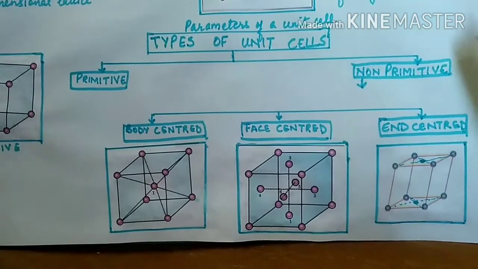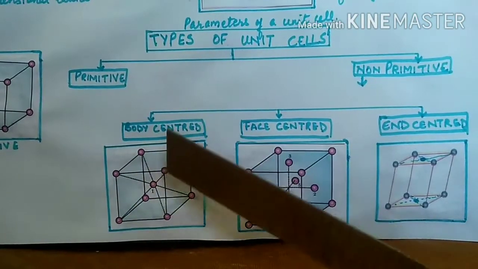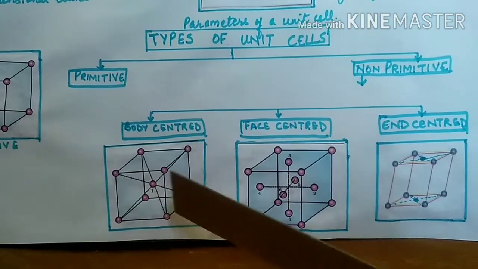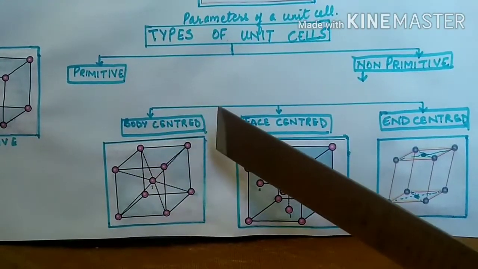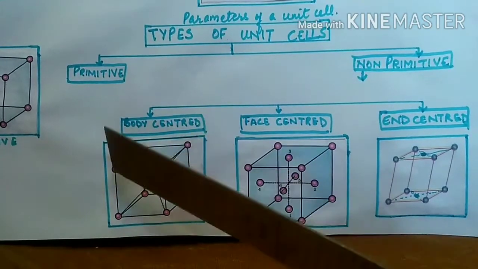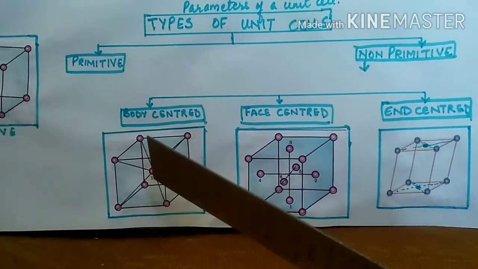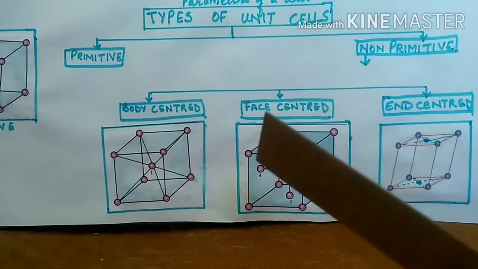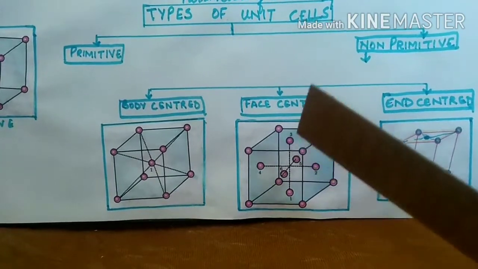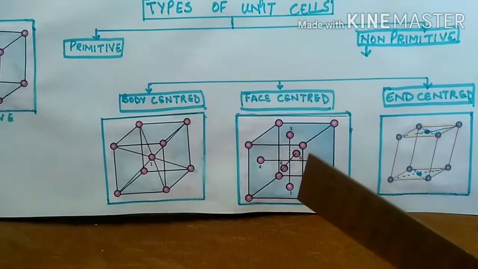In the non-primitive unit cells, the atoms are placed at the corners as well as at some other part in the unit cell. For example, in the body-centered unit cell, atoms are placed at the 8 corners of the unit cell and in the center of the body of the unit cell. In the face-centered, atoms are placed at the corners and in the center of each of the 6 faces of the unit cell.